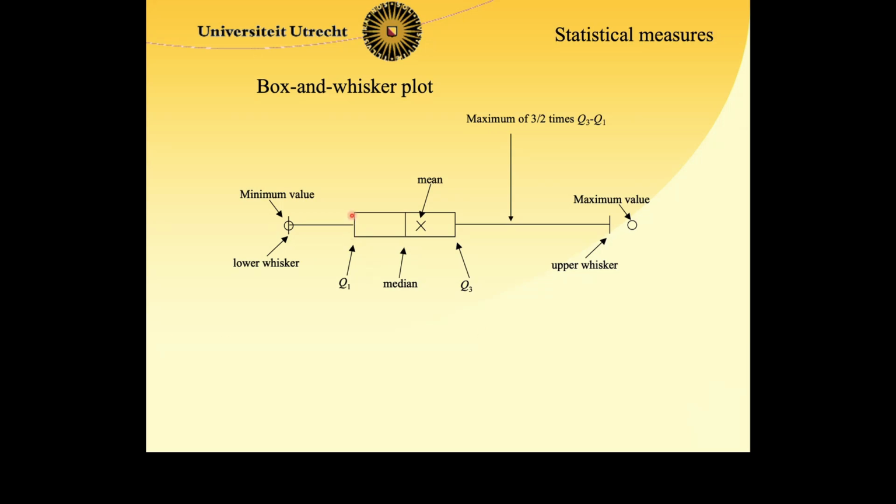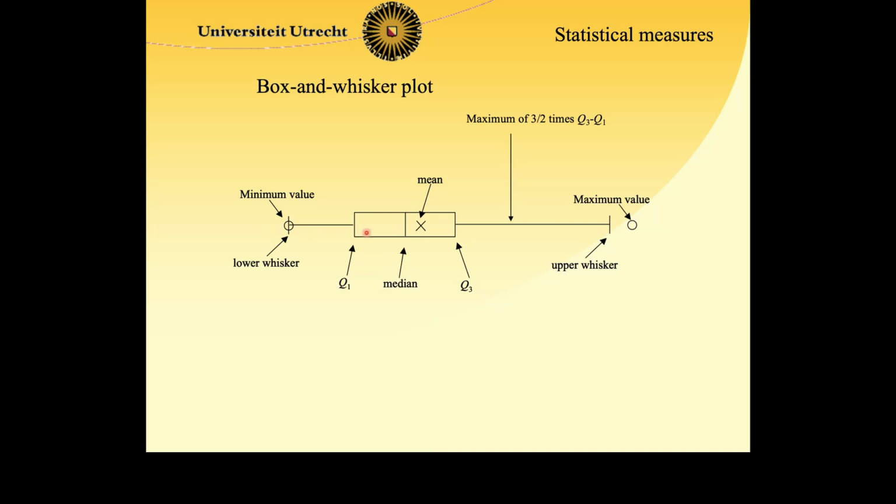Here you say, okay, this is the 25% quantile, this is the 75% quantile, so this is the interquartile range. You plot the median here as a stripe and then the mean as a cross. And you can see that the mean doesn't have to be the same as the median if it's skewed on this side.